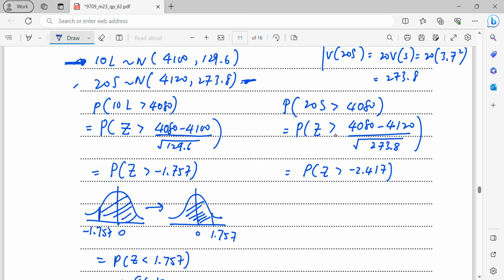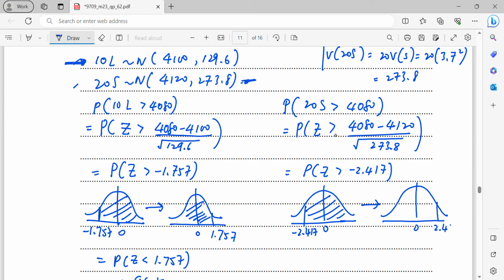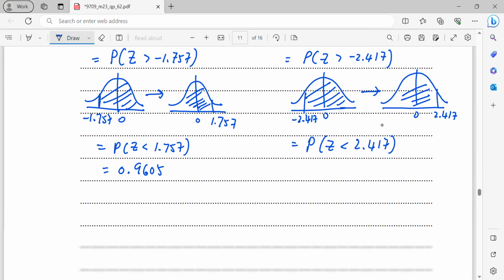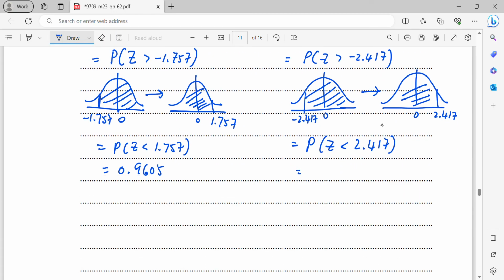Again, graph. The value is on the left hand side because it's negative, and the region is towards the right side. Use the same concept as just now. We reflect it to get the positive critical value. So now the region is P(Z less than 2.417), and this probability can be found using the table. The probability is going to be 0.9921.